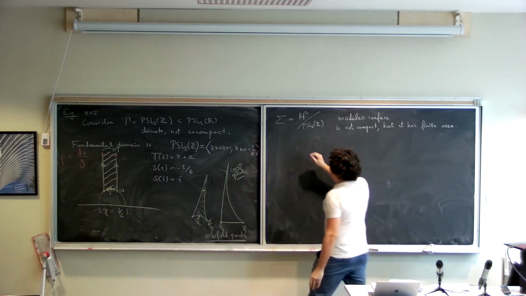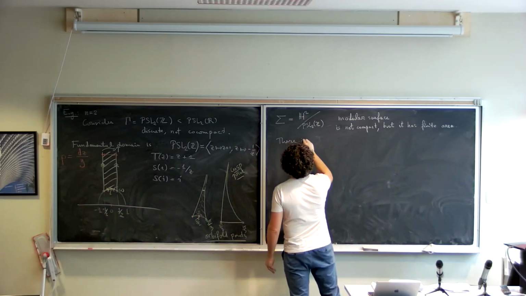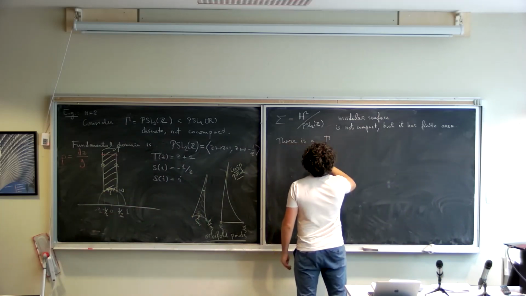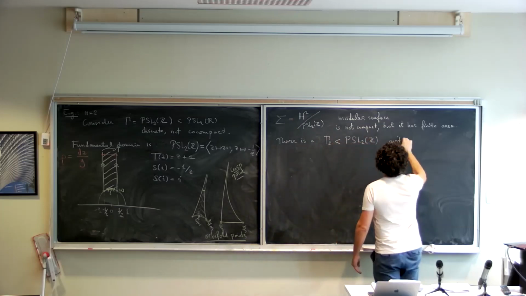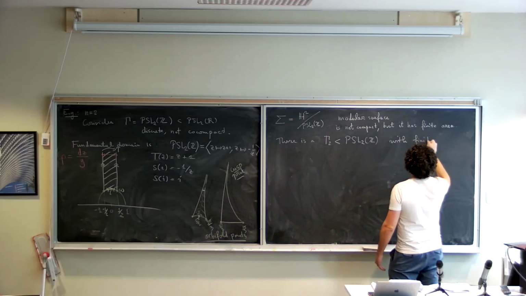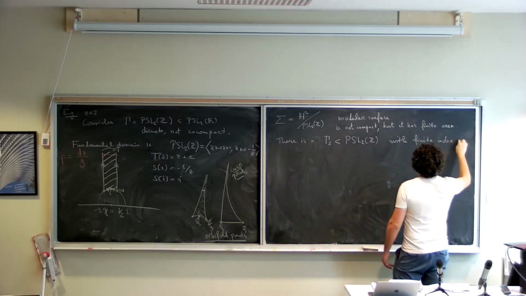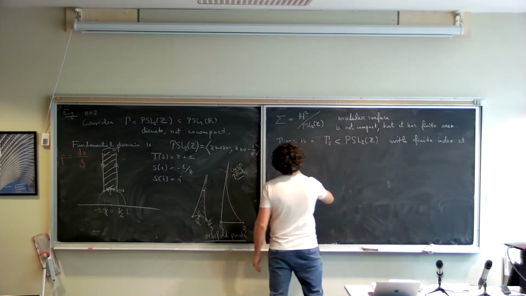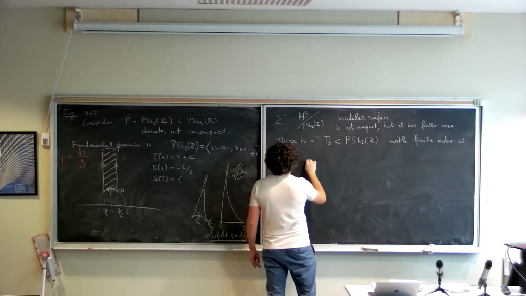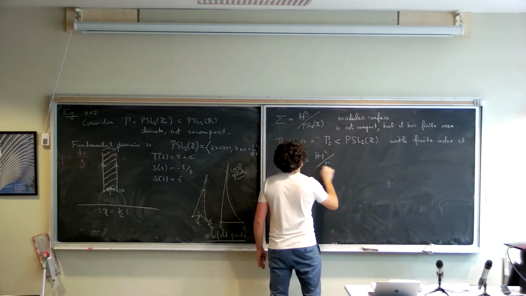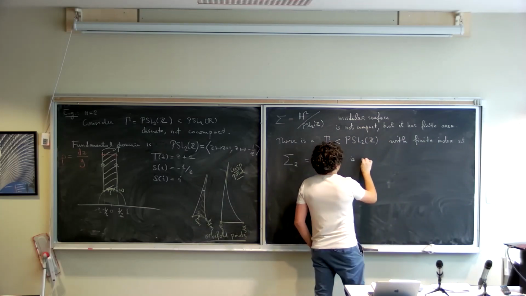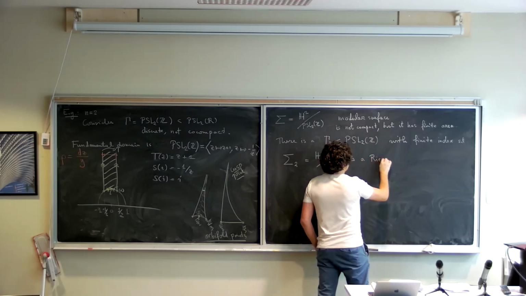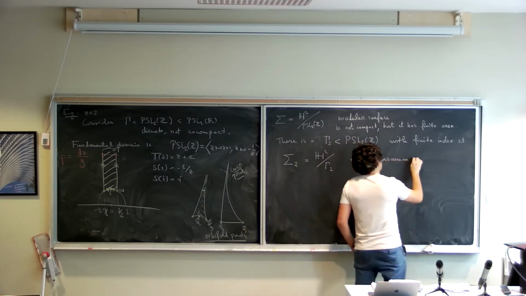However, you can also find a group gamma, let's call it gamma 2, inside PSL2Z, a finite index subgroup, such that sigma 2, which is H2 mod gamma 2, is a Riemannian surface.